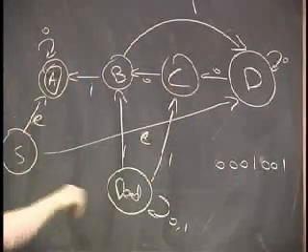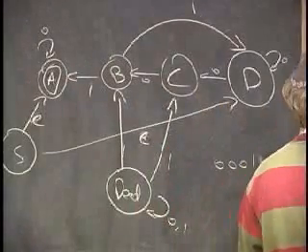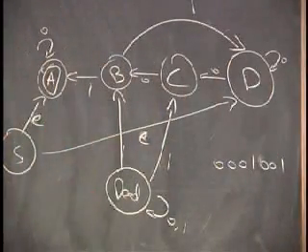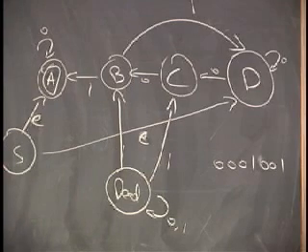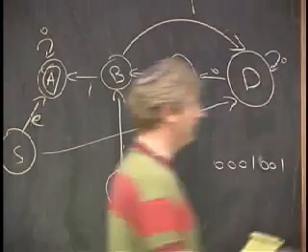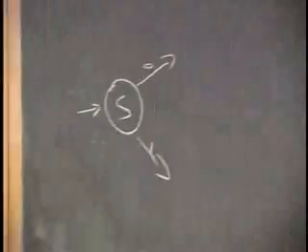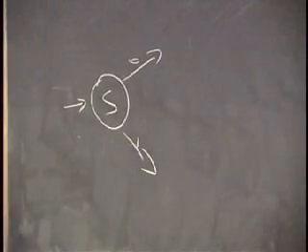Let's convert this to a deterministic machine by keeping track of what this non-deterministic machine is doing. We start in the same start state. And now we can see either a 0 or a 1. Where might this machine end up if the first symbol it sees is a 0?